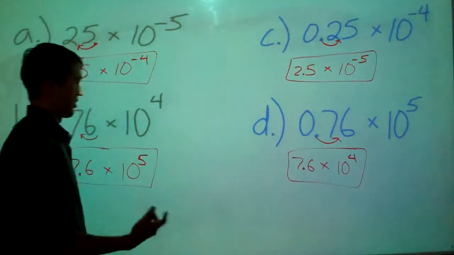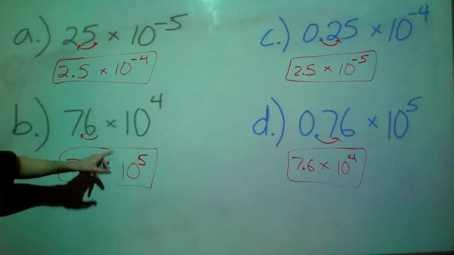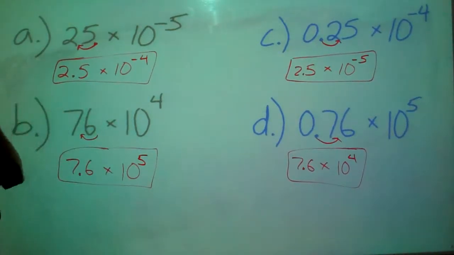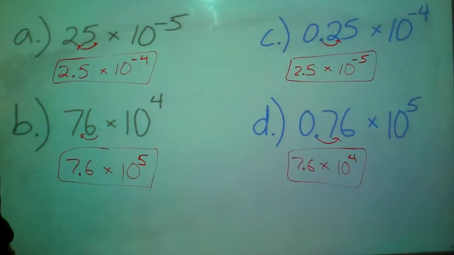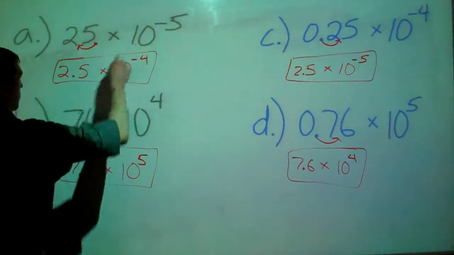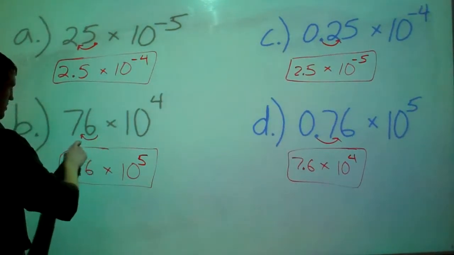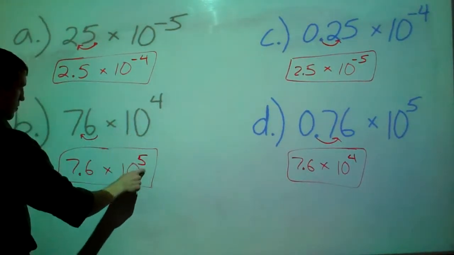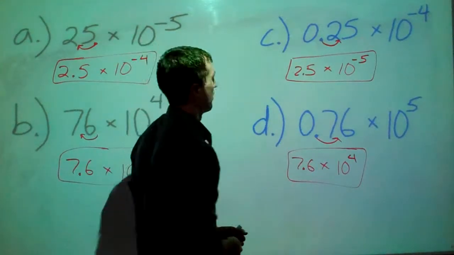But what we should notice here is that when we have to move our decimal back or to the left, we are adding to our exponent. Notice how negative 5 plus 1 spot back gave us negative 4. 1 spot back, 4 plus 1 was 5. And if we move our decimal to the right, we are subtracting.